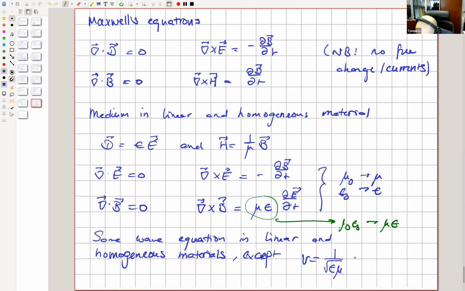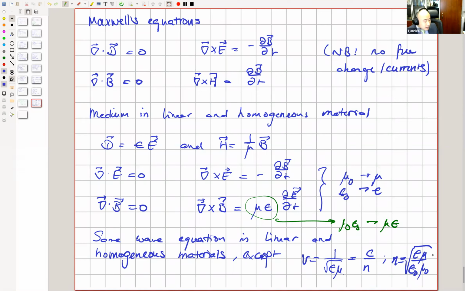You can write this as c over n, where n is now the square root of epsilon mu over epsilon naught mu naught. And this n, it turns out, is simply the index of refraction that you've actually seen in materials.